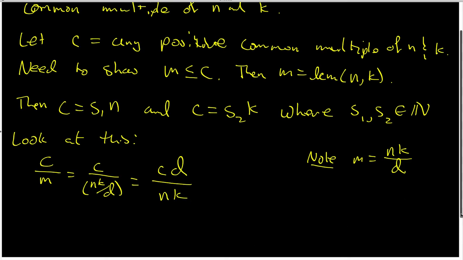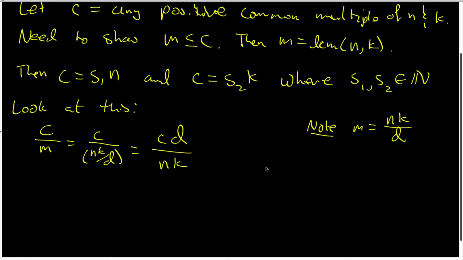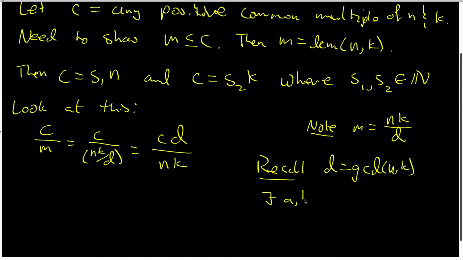Now what am I going to do? Well, we want to remember that fact that I talked about right at the beginning of the video. We want to recall that since d is equal to the GCD of n and k, there exist integers a and b such that d is equal to an plus bk.